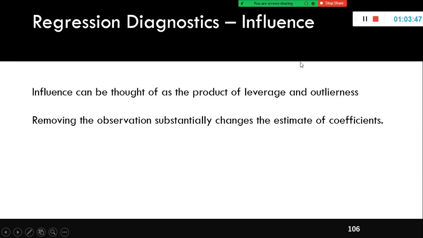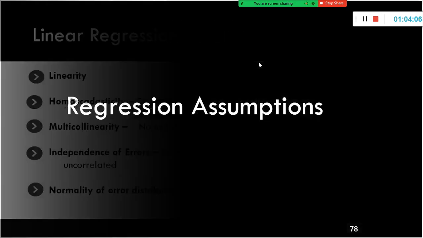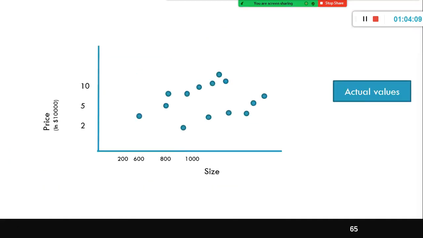If I have an outlier in my model, you need to remember, probably you can note it down: linear regression is sensitive to outliers. Why is it sensitive to outliers? I'll just go back to this one so that you will be able to tell correctly.